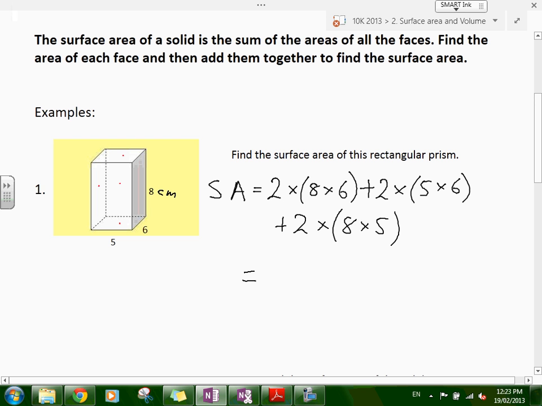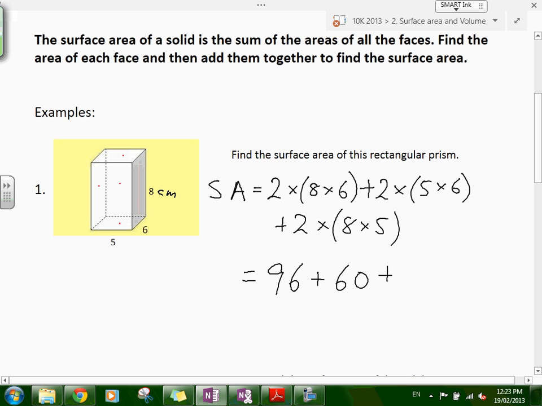8 times 6 is 48, times 2 is 96. 5 times 6 is 30, times 2 is 60.